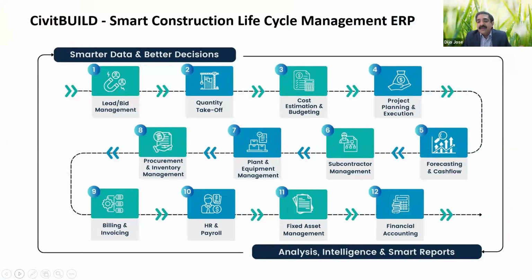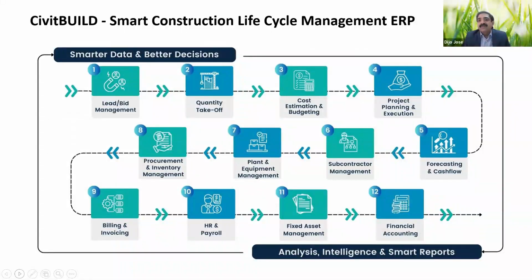That will give you visibility into what happens once you win the project: how you do your internal construction budgeting, how you define a project, and how you do the cost control once you define your internal construction budget for executing the project. How your DPR, the daily progress report, gives visibility of what's happening on the project side will be discussed today.